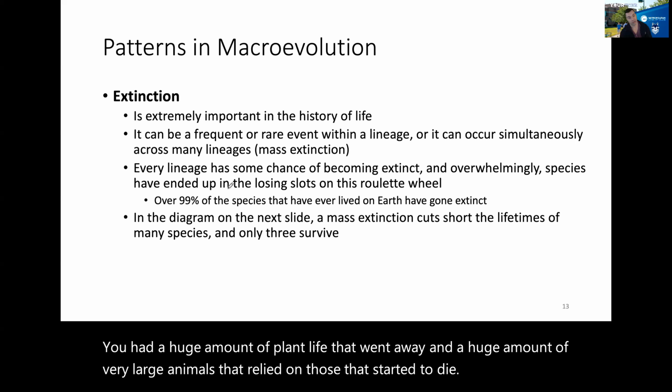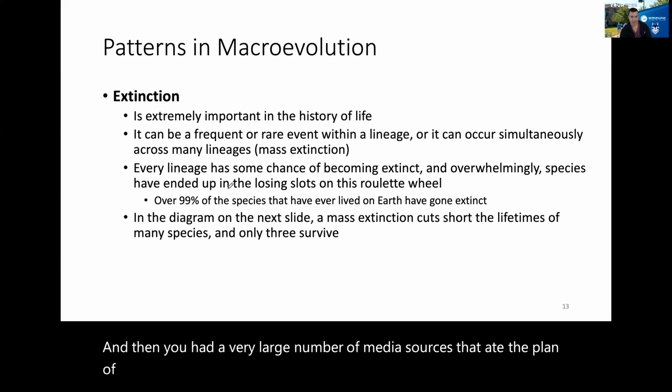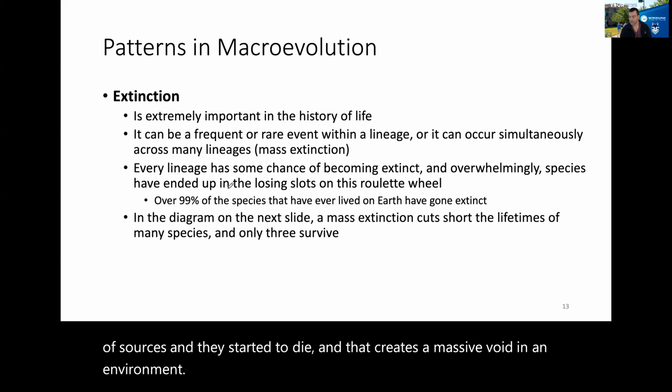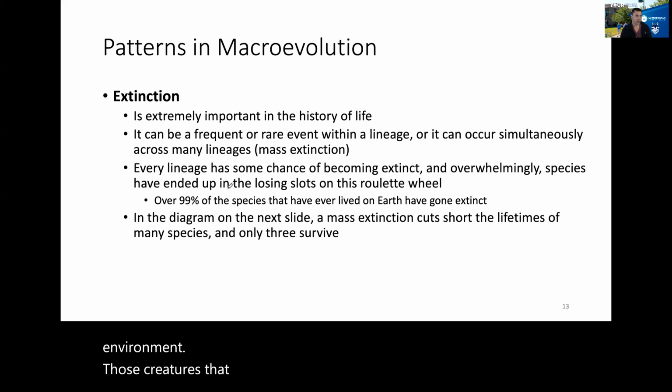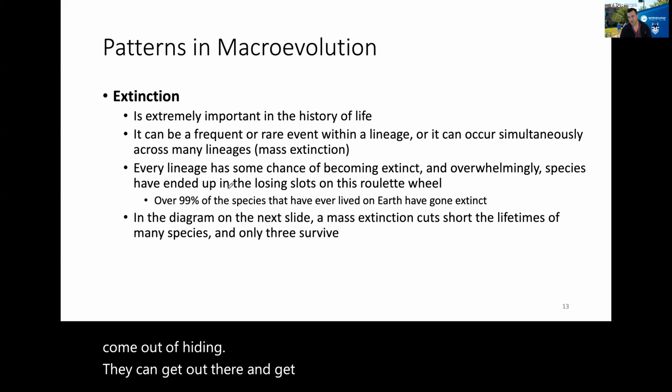And then you had a very large number of meat-eating dinosaurs that ate the plant-eating dinosaurs and they started to die, and that creates a massive void in an environment. Those creatures that are now smaller are going to start to thrive. They can come out of hiding. They can get out there and get access to food. They don't need to eat a whole lot of food.